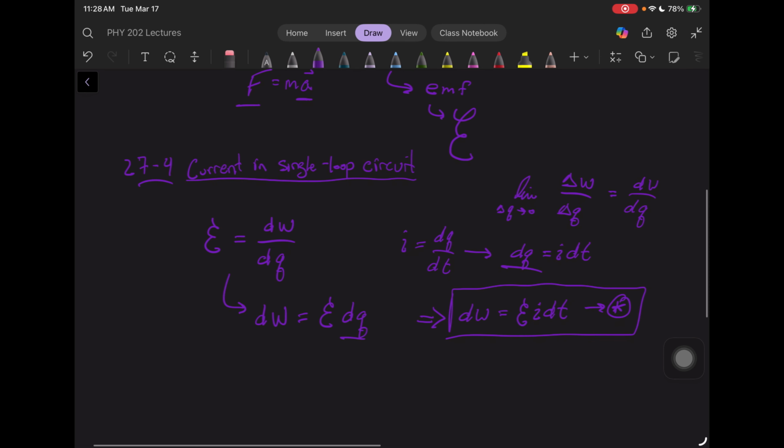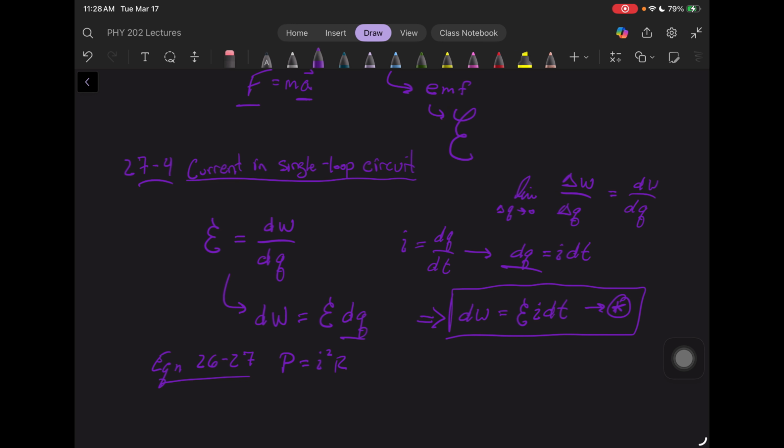From last chapter, we had equation 26, 27, 6, whatever, that told us power is equal to I squared R, right?